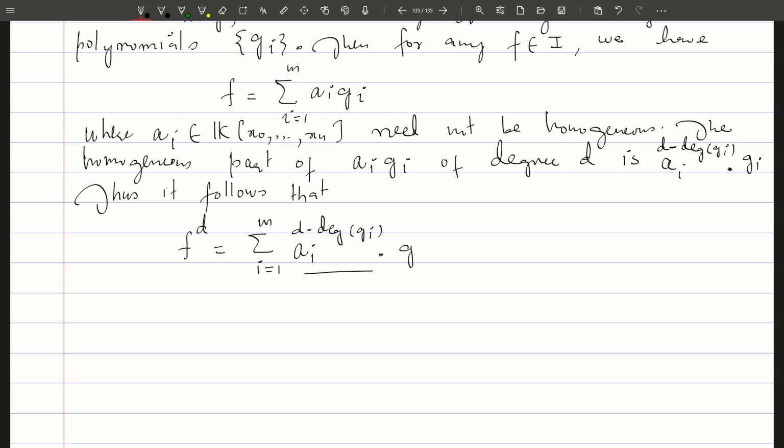One can note that the sum over here is an element of I. So this implies that I is homogeneous. So hence I is homogeneous.